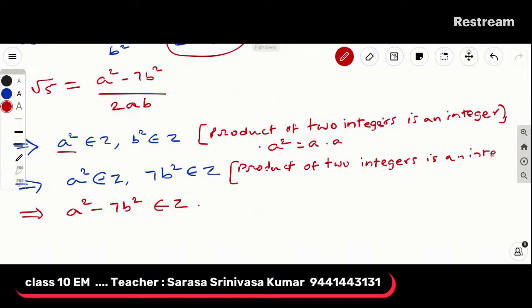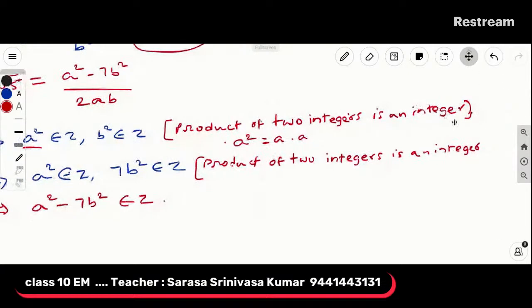This is the closure property of integers with respect to multiplication.